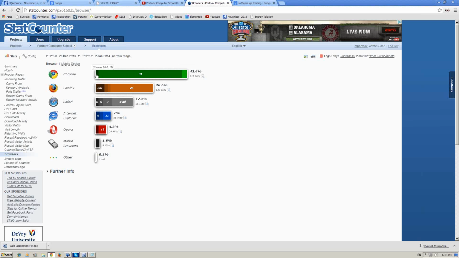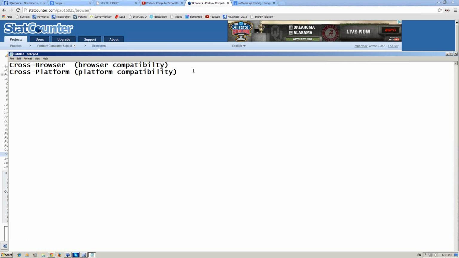Some people are using different versions, we can see them. Firefox, altogether it's 26%. Safari, oh God, 5, 6, 7, iPad. So some are using Safari browsers. Why do we care? Because when it comes to cross-browser and cross-platform testing, that is what's going to happen.